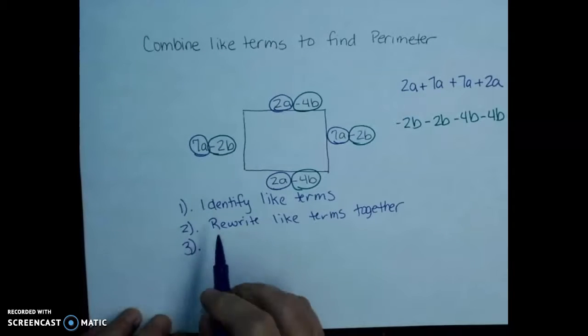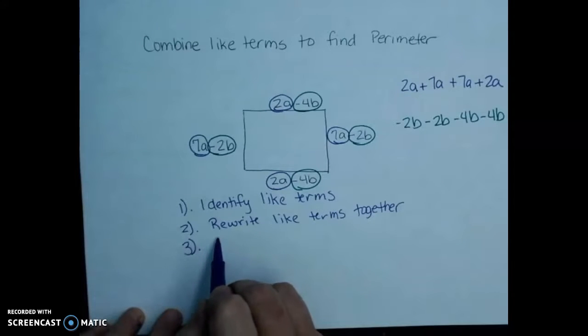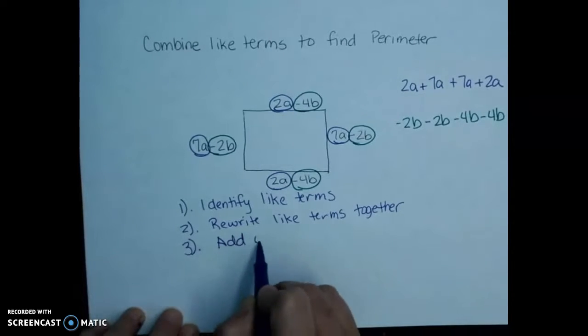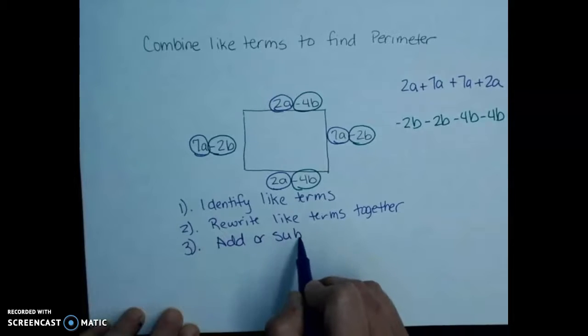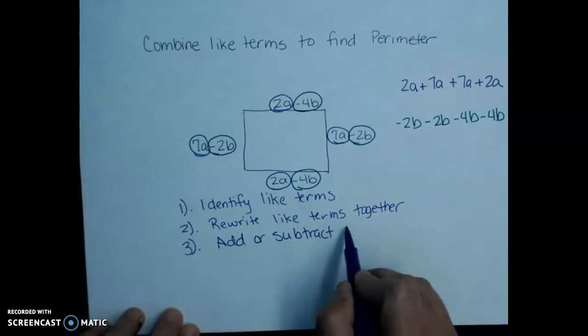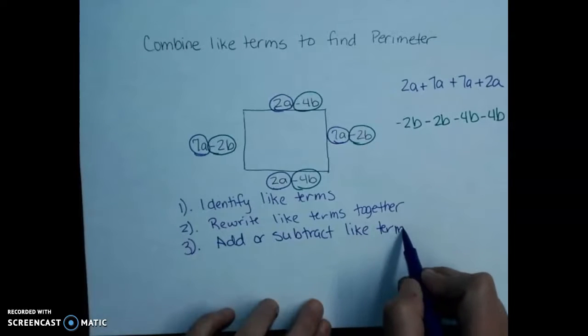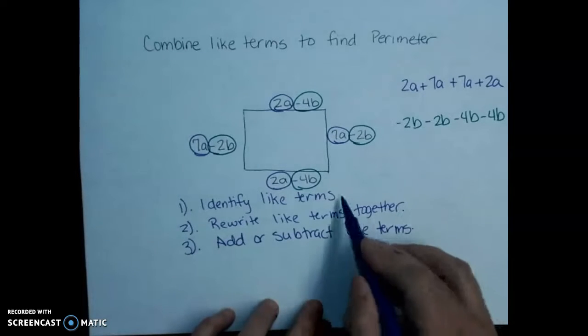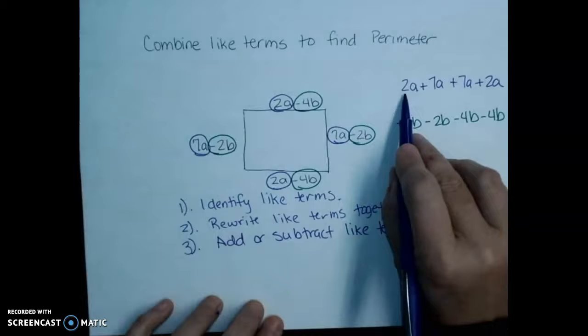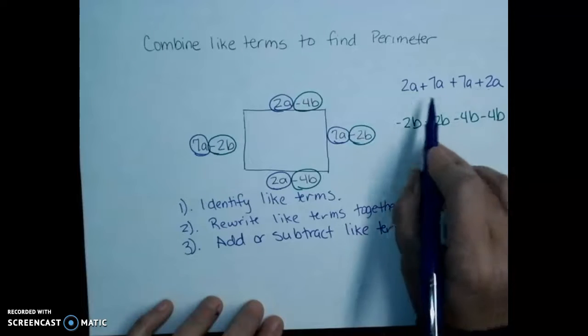And the final step is to add or subtract like terms. Okay, so I want to add 2 plus 7 plus 7 plus 2.